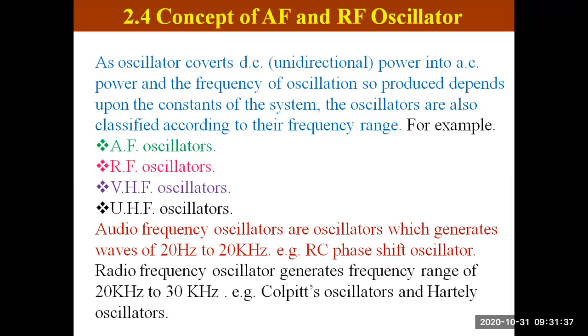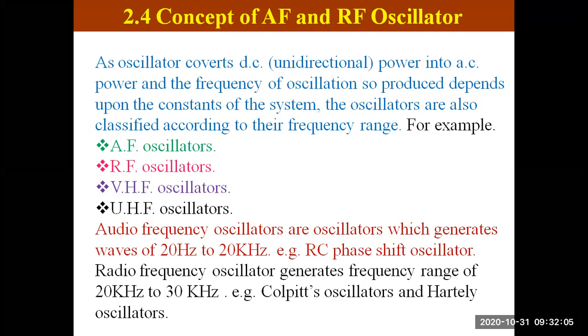Now here we have to say that an oscillator converts DC power, unidirectional power, into AC power. And the frequency of the oscillation produced will depend upon the system itself. We get the output in case of an oscillation, and its amplitude and frequency will depend upon the circuit itself.